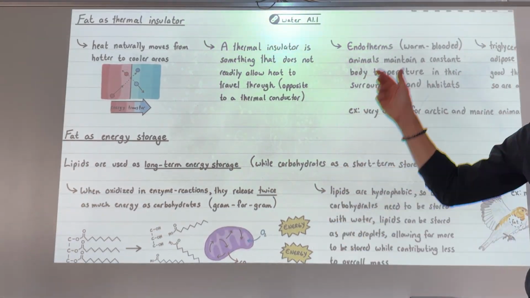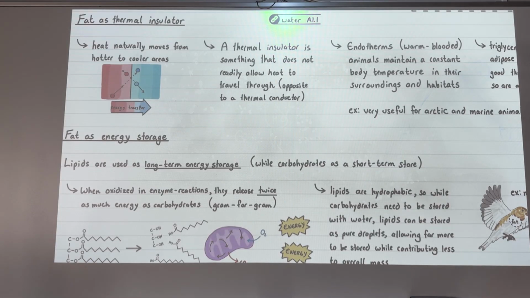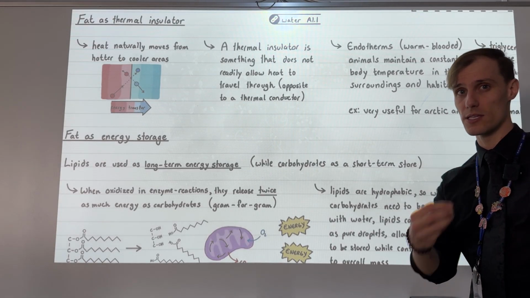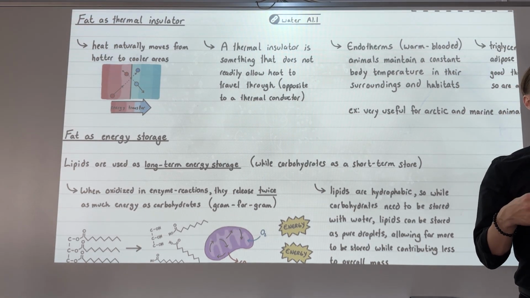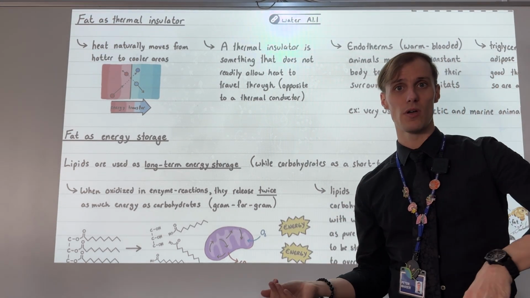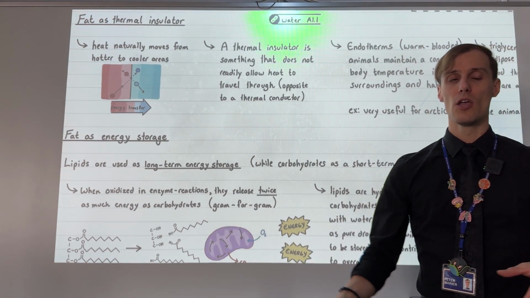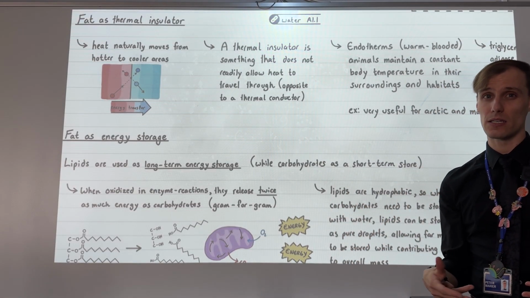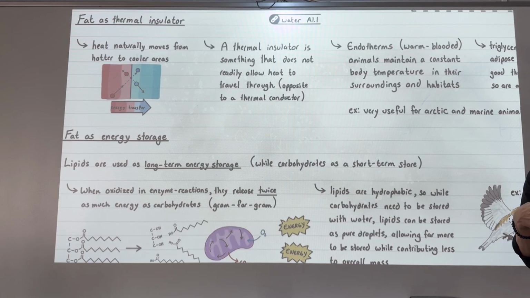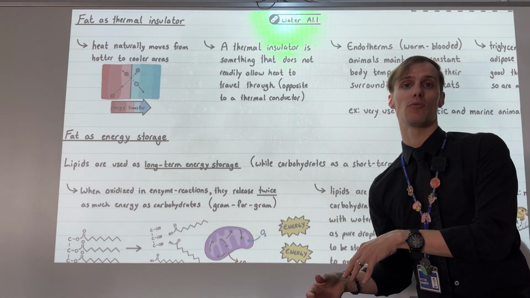Another use that we've also explored in A1.1 water is fat is a really good thermal insulator. So a heat conductor means a material in which heat can easily flow through, something like, let's say, a metal. Whereas a heat insulator or a thermal insulator is one where heat or energy does not flow through easily.